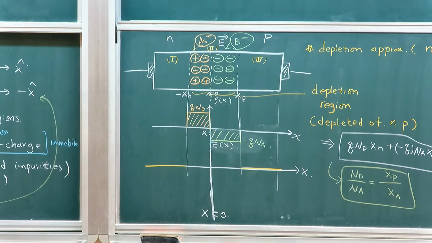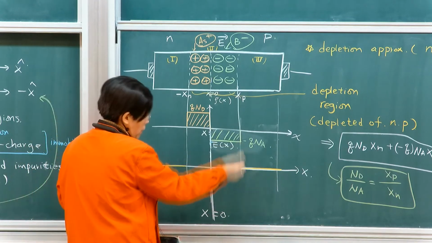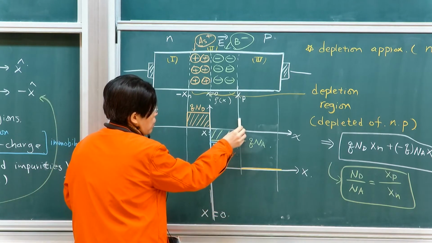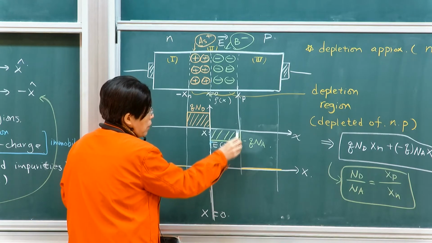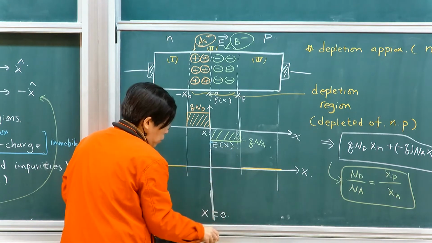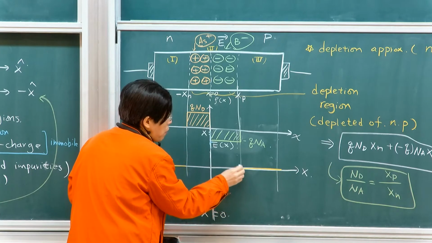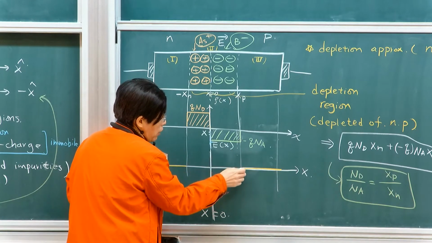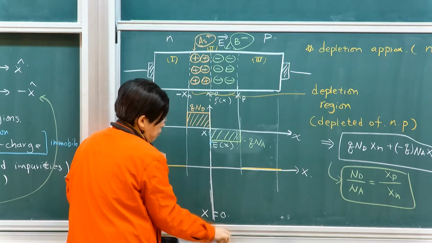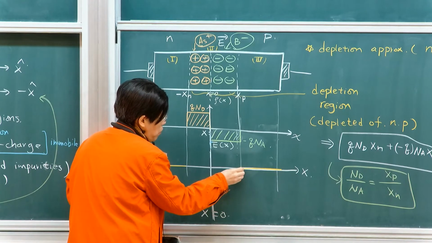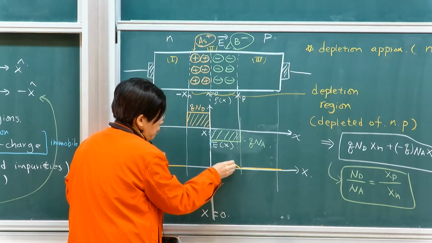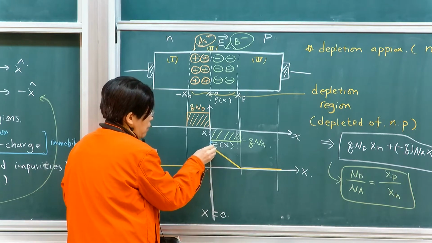It will only create electric field within this depletion region. Once I start to move the surface, the net amount of charge will increase linearly with the amount of charge at each location. I'm not going to do the derivation, just to show you what it looks like. It will look something like this.